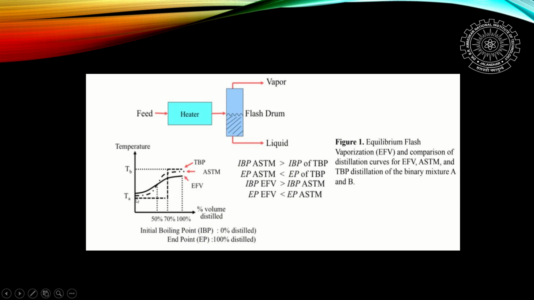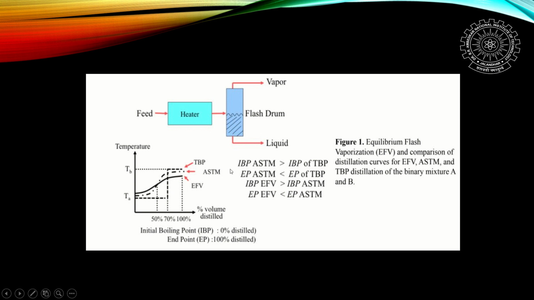You can see from the figure that the dotted curve is for TBP, this parabolic curve is for ASTM, and the dark one is for EFV. So the separation of EFV distillation is lowest, the ASTM distillation method has more separation than EFV, and the maximum separation is for TBP.